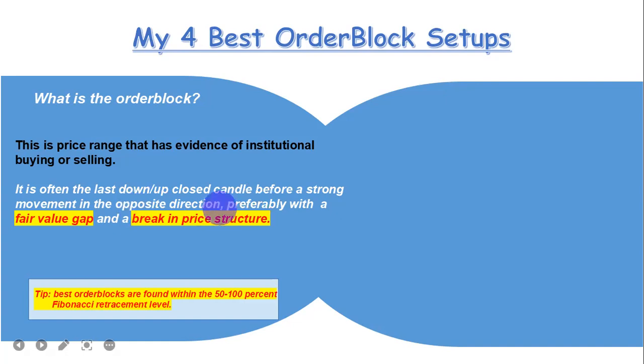Preferably, that strong movement of price has to have a fair value gap, and I will explain what that is as we go, and a break of market structure, a break in price structure. You should already know what a break in price structure is. Okay. But that is the working definition, and we will explain this further when we begin to look at those different types of setup.